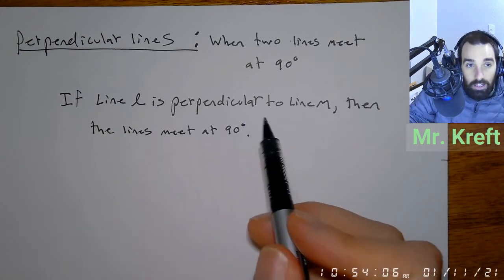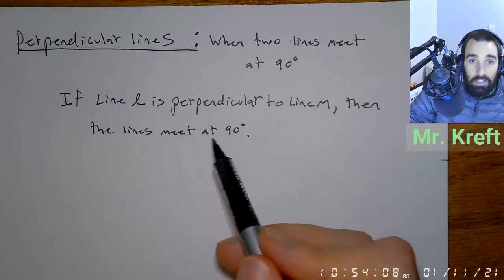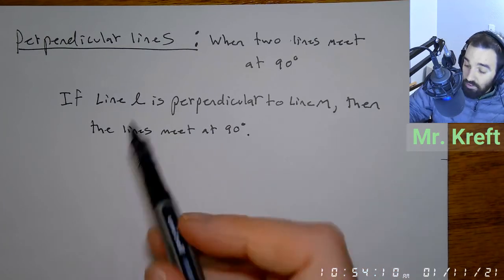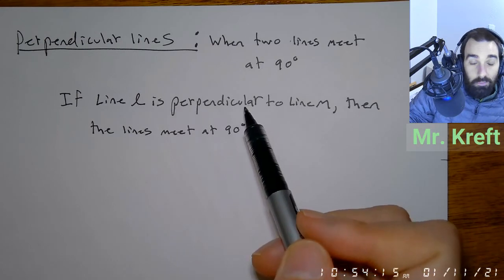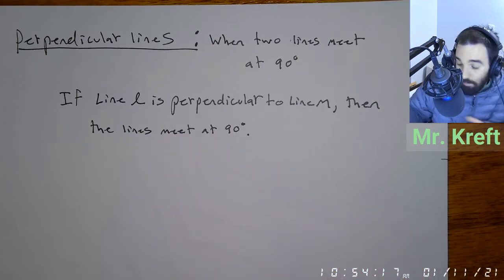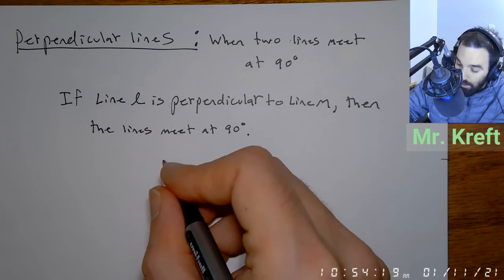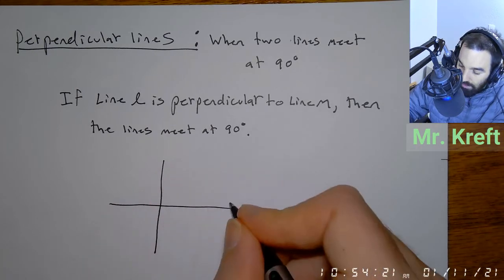So if the lines are perpendicular, then the lines meet at 90 degrees. And so this is our condition. Our condition is, are the lines perpendicular? Well, if they're perpendicular, that means they meet at 90 degrees. And we can add a little picture here if you'd like.